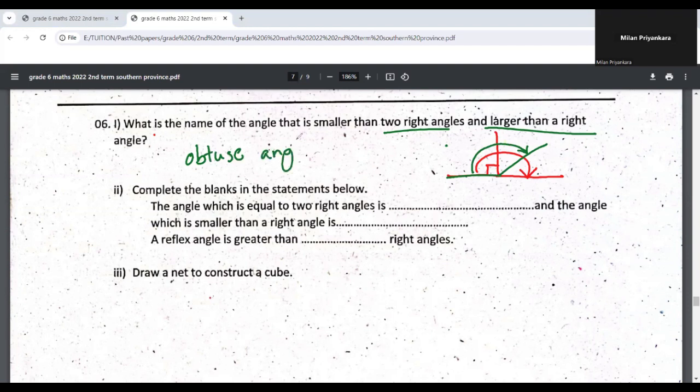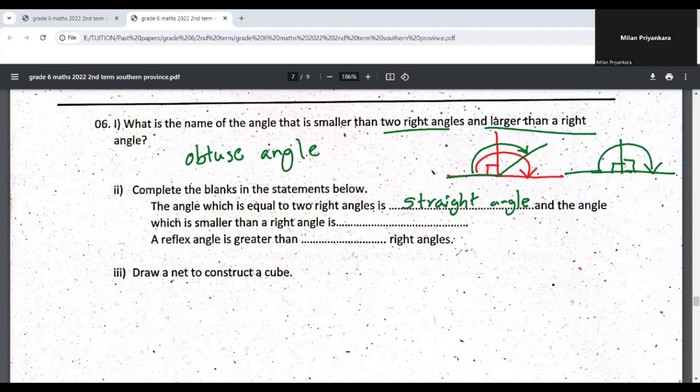So complete the blanks in the statements below. The angle which is equal to two right angles is the straight angle. So that means something like two right angles, right? So this is the straight angle.